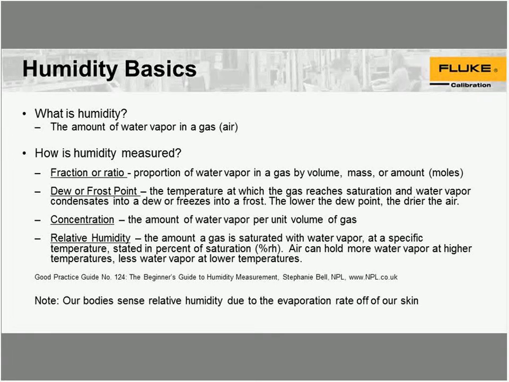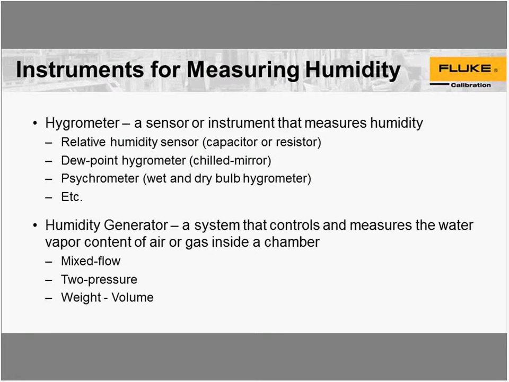Okay, so what is used in the calibration industry for measuring humidity? First, we have a general piece of instrumentation called the hygrometer, which is simply a sensor instrument that measures humidity. It can be a relative humidity sensor, which is probably the most common, a dew point hygrometer, or a psychrometer, and we'll talk a little about these.